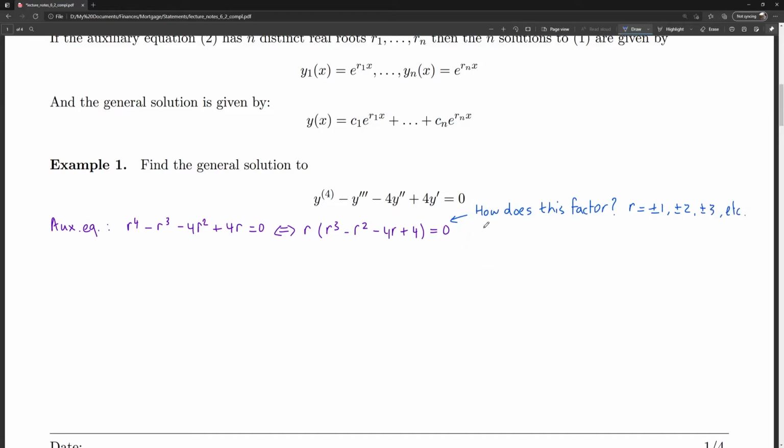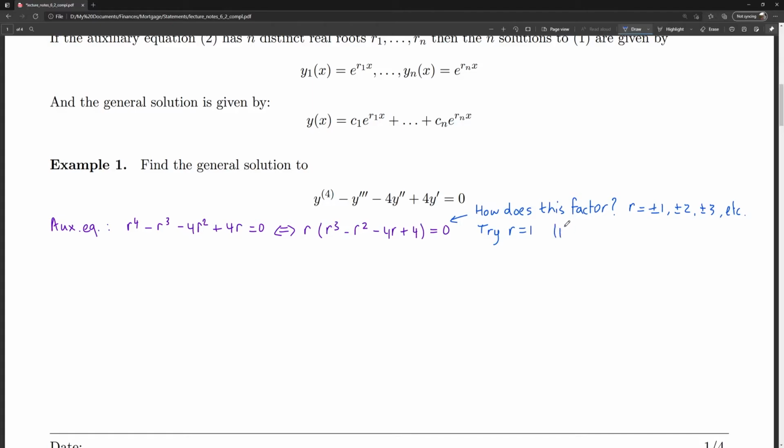So we're going to try r equals 1 and see if that solves this equation here. So we're going to plug r equals 1 into this equation here.